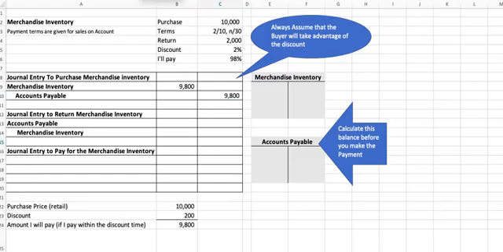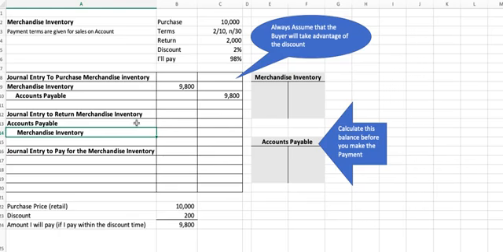Now we're going to assume that we decide to return some of this inventory. And so what we'll do is we'll return inventory, meaning that we don't have to pay for that amount that we returned. And we're going to credit merchandise inventory because we're going to send some merchandise inventory back.